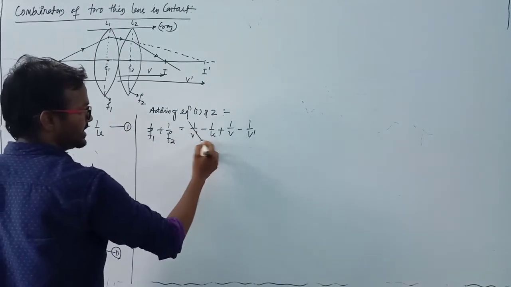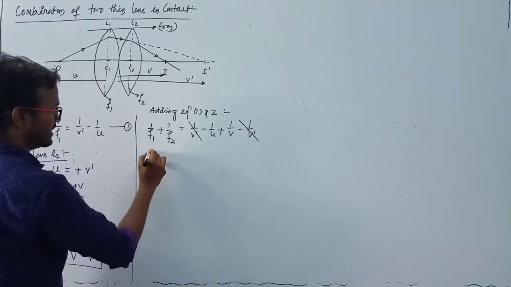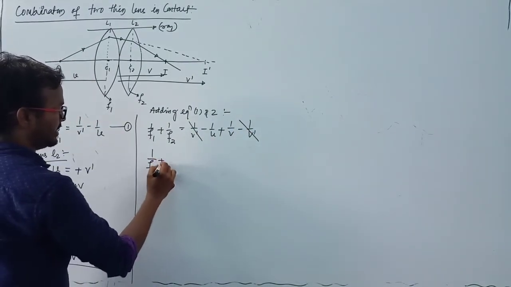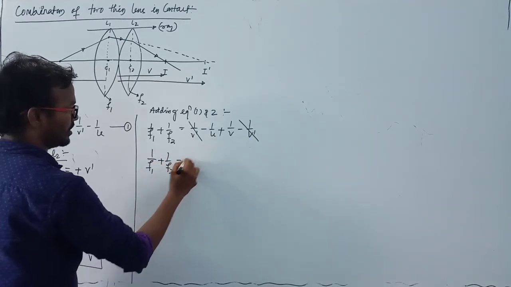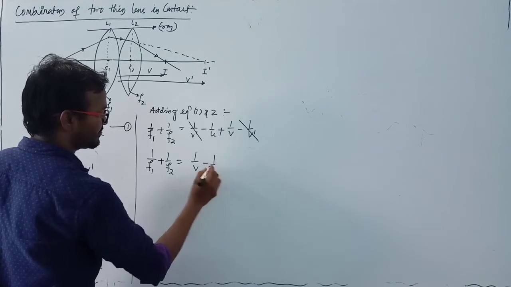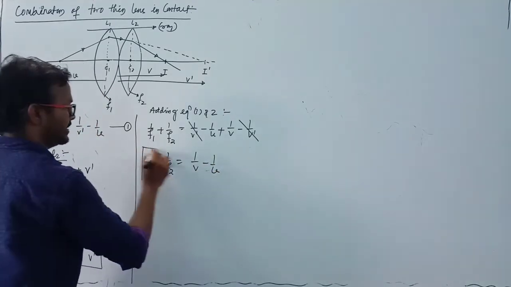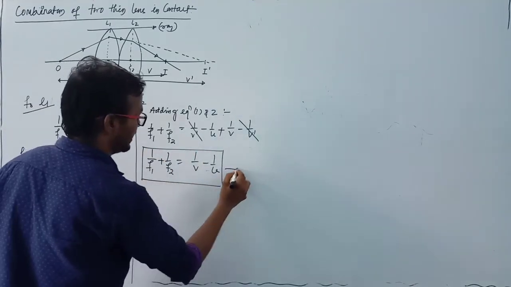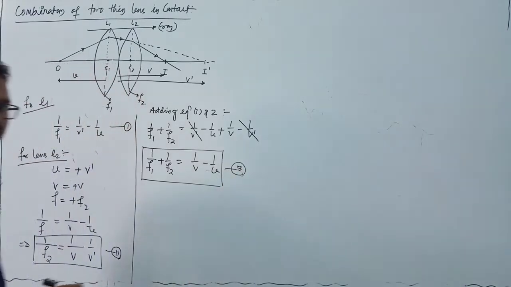So here 1 by V dash and 1 by V dash cancel. The remaining part is 1 by F1 plus 1 by F2 equal to 1 by V minus 1 by U. Clear? This is the final equation number 3.